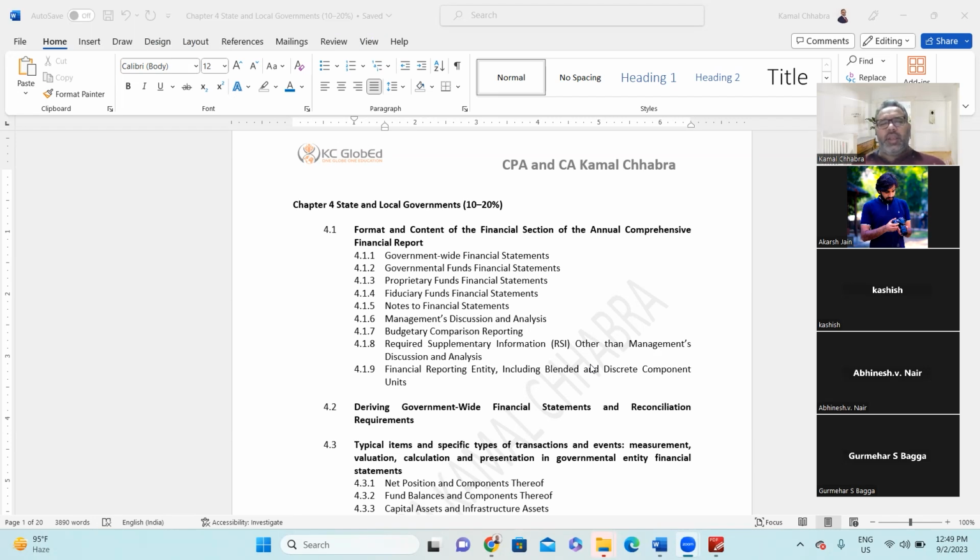Keep in mind that you are running a government organization, maybe a PSU, which is a public sector unit, or some state government, central government, federal government, or city government, including a municipal corporation. If you keep that in mind, then the pieces we'll study in the next two to three classes for state and local governmental accounting will be easy to digest.